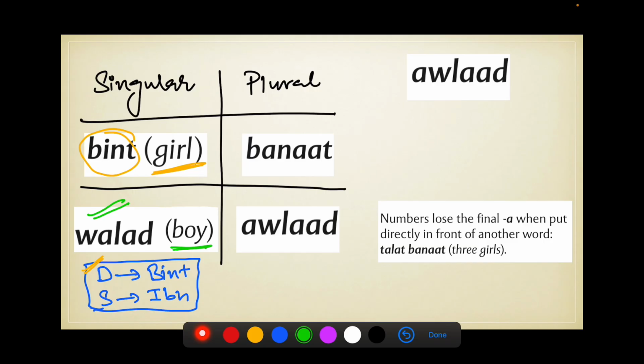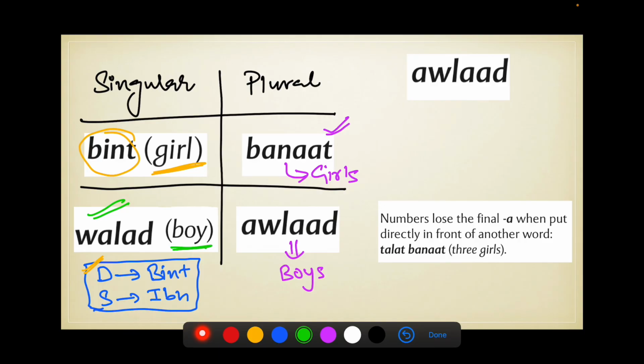And for boy, we use walad. Now, if we talk about their plurals, the plural of bint is banat. So, banat means girls, and boys means awlad.